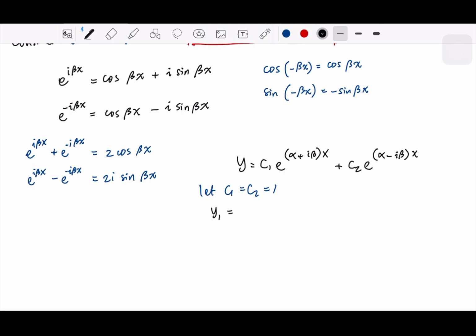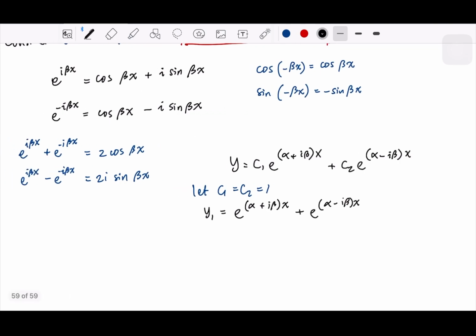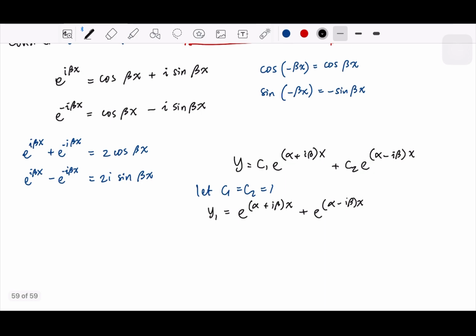That is y1 equals e to the alpha plus i beta x, plus e to the alpha minus i beta x. And then, to make the second expression, we are going to have a negative. So C1 is 1, C2 is negative 1. So let's try that one.